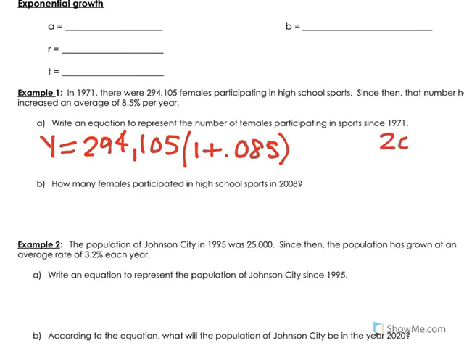Currently it's 2018, and we are looking at sports since 1971. So we're going to subtract 1971. And I've already done it for you. That comes to 47 years. So we're going to put 47 in our exponent. That's 47, not 97, 47.